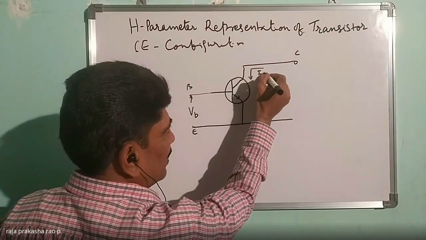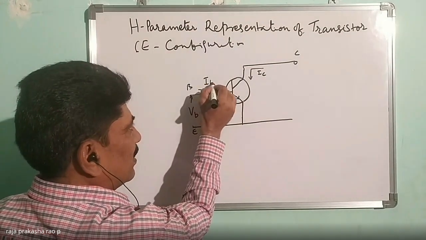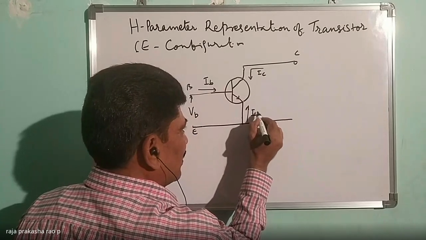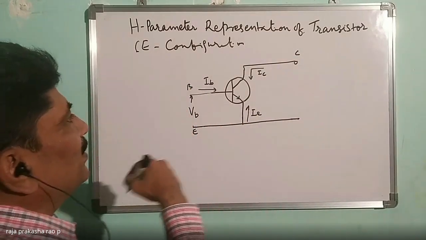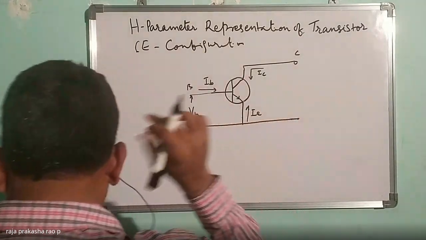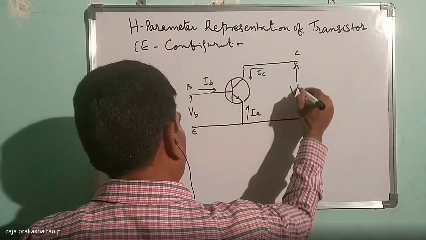Collector current IC. And into B, IB will flow in like this. And from emitter, IE will flow like this. Since this is common emitter, the output is taken from the collector. So this is VC.